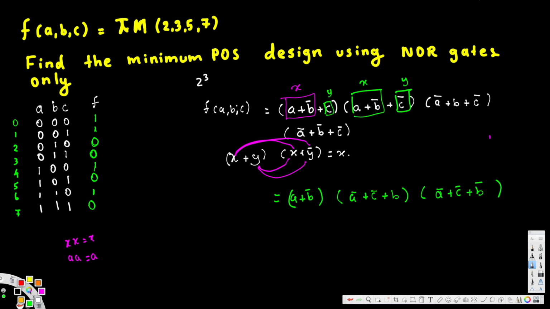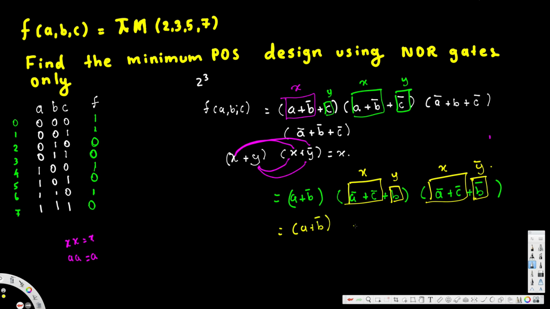From this one, you can see this is going to be our x, and this is going to be y, and this is going to be x, and this is going to be y bar. So if we multiply these two together, what are we going to get? We are going to get x again, right? So the final product is going to be a plus b bar times a bar plus c bar. So this is going to be the final result.